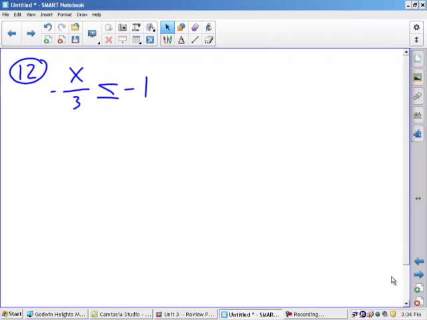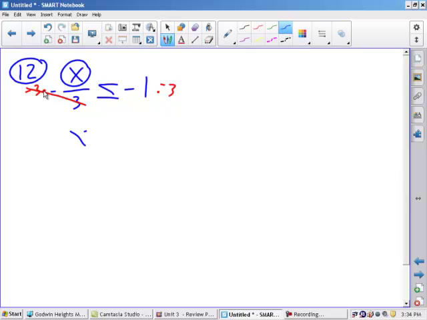For number 12, I have negative x over 3 is less than or equal to -1. To solve this, I need to go ahead and multiply both sides by -3. The -3's cancel out. And then multiply the other side by -3. And what I get is x all by itself is 3 on this side.